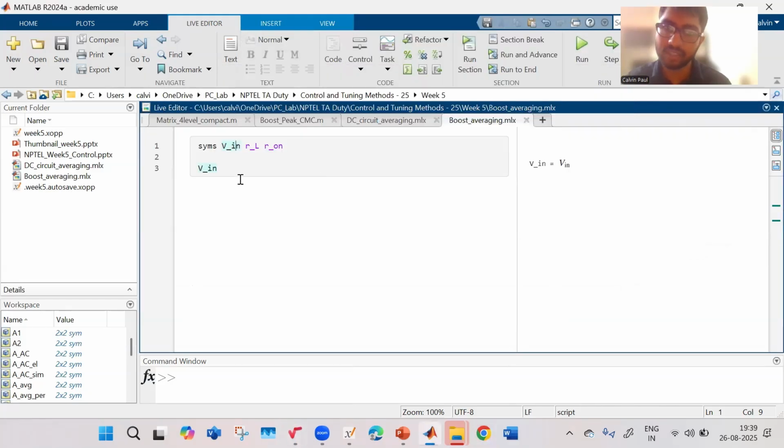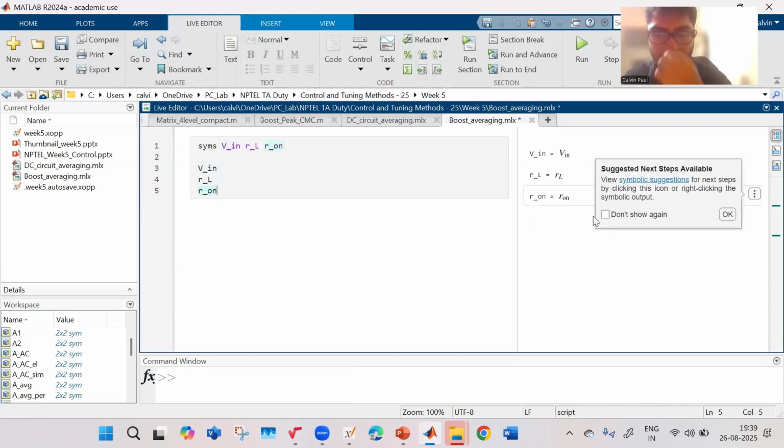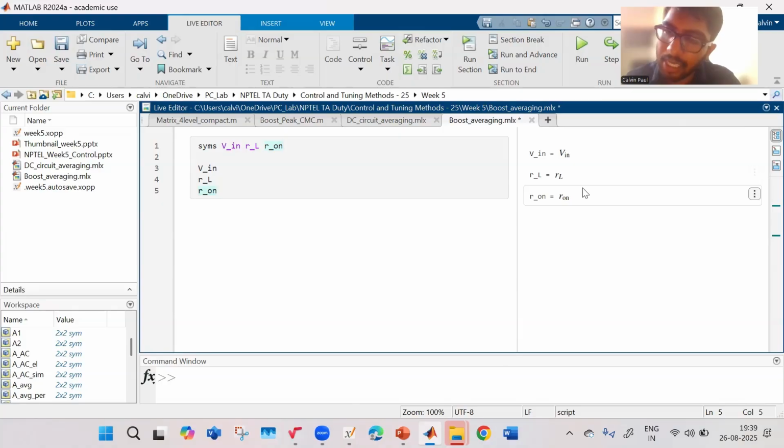So this is a way you can write expressions, everything, right? Your RL also will look like this. This is your RL, this is your R_on. And when you write equations in these papers, this is your V, then in the subscript you have written IN.